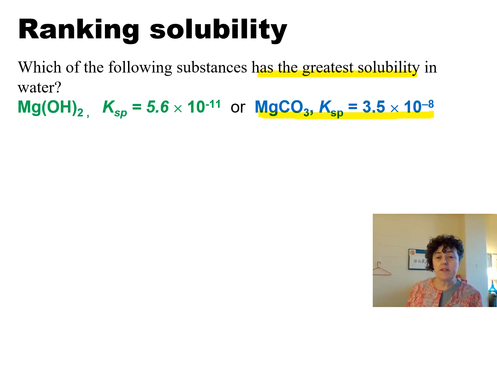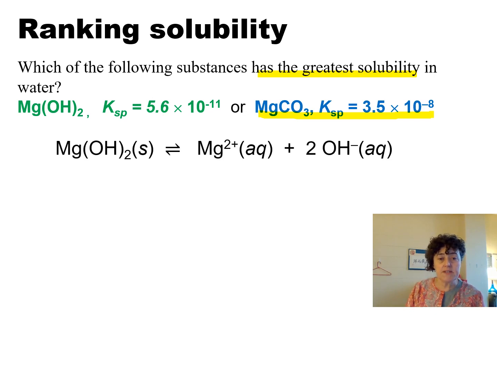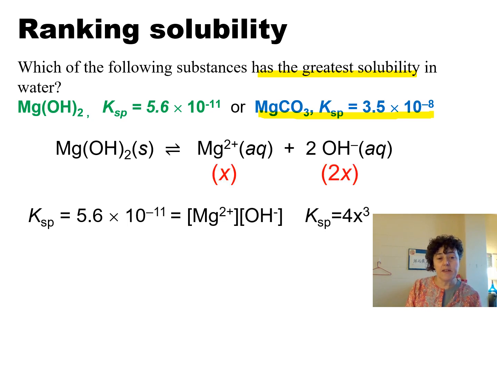And this is something that we've seen how to do before. So you can write the equation for the dissolution of the magnesium hydroxide and calculate the solubility as x from the Ksp, where Ksp is equal to 4x cubed.